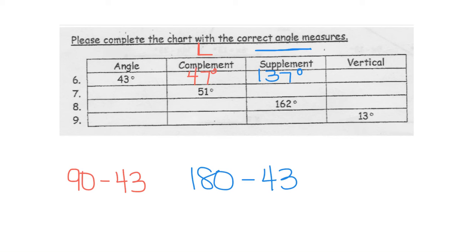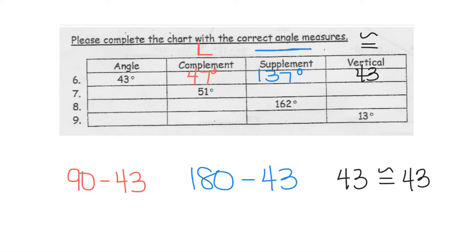Now we come to the vertical angle. And the key thing to remember about vertical angles is that they are congruent. And that's the sign for congruency. So if I have a 43-degree angle, it is going to be congruent to another 43-degree angle. So they are the same measure.